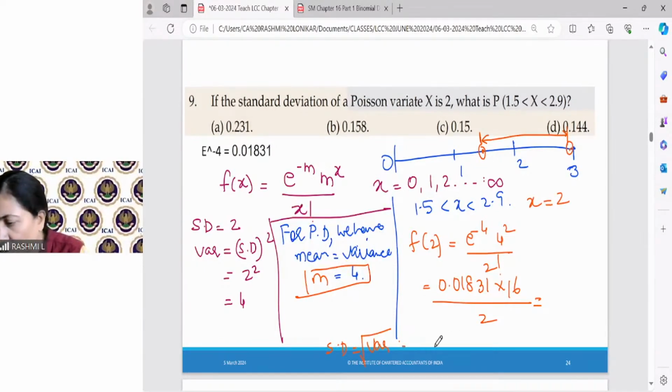So this is equal to the square root of sigma squared, which is equal to the square root of n. Yes. Anybody with the answer?